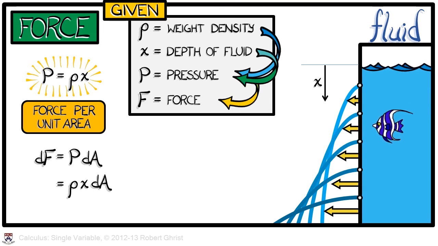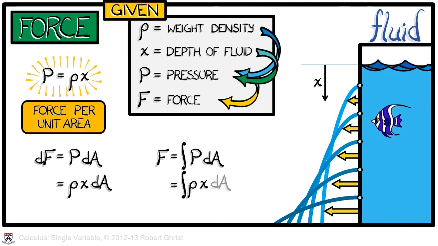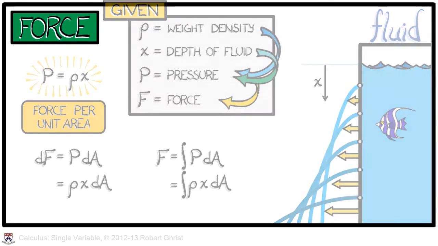We can expand that out further as rho times x times dA. And this allows us to integrate to obtain the force. The force is the integral of rho times x times dA.